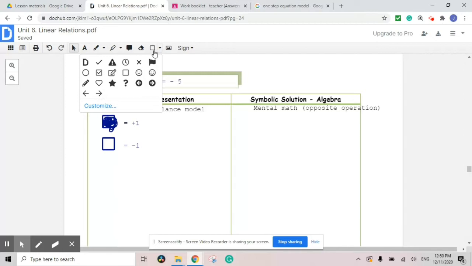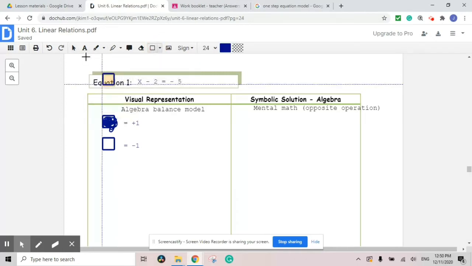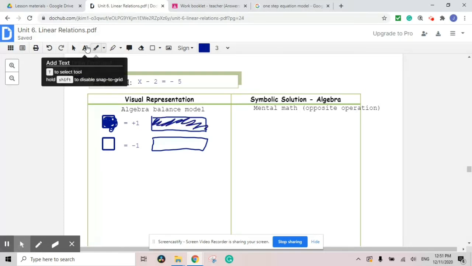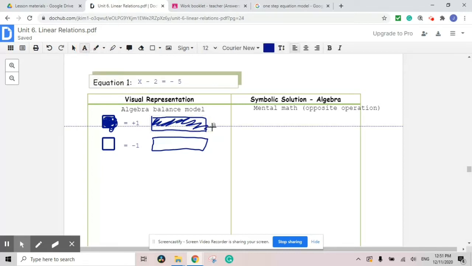Another thing I'm going to put, unfortunately it's not here, so I'm just going to draw it. If you have a longer strip that is colored inside, we're going to call that positive, whatever the variable is, like positive x.